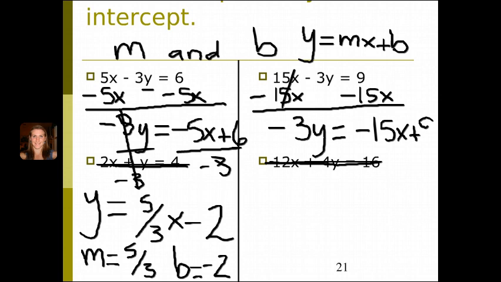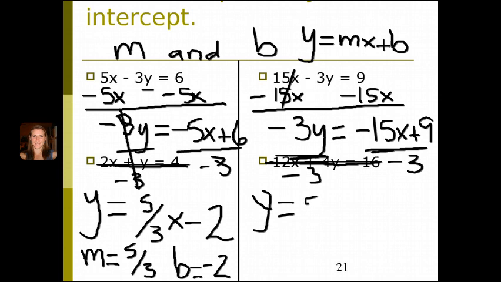Again, we're going to divide both sides by negative 3, and y equals a negative 15 divided by negative 3 is positive 5x, and then positive 9 divided by negative 3 gives us negative 3. So again, we need to find the slope, which is m, and that is 5. And we need to find the y-intercept, which is b, which equals negative 3.